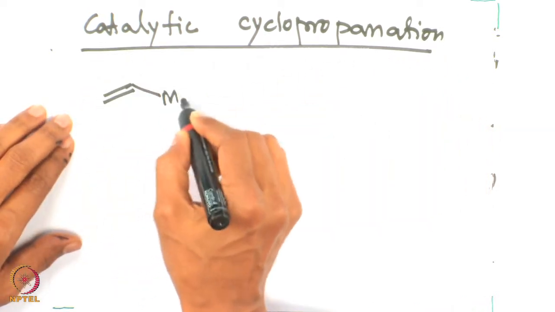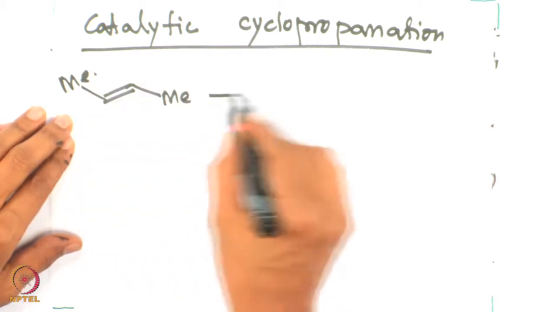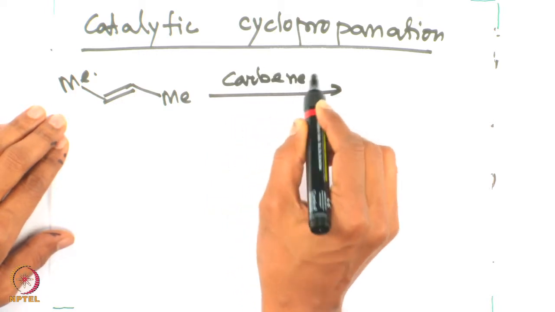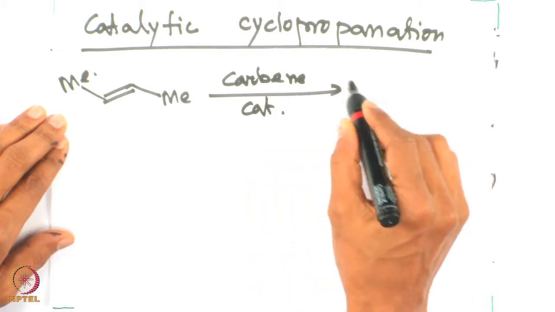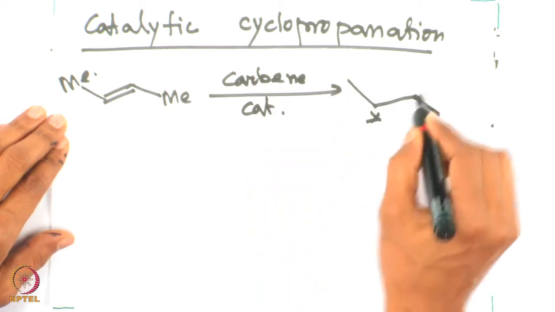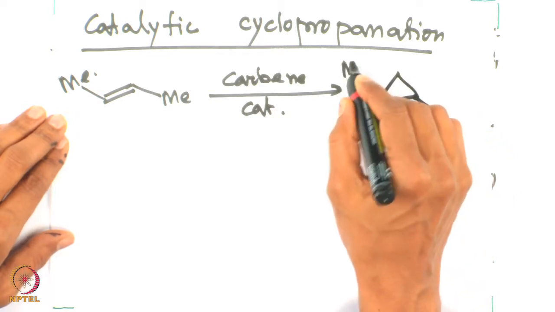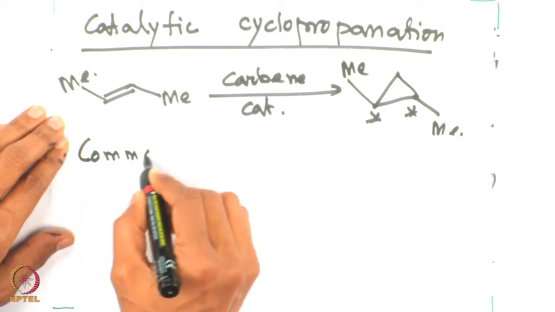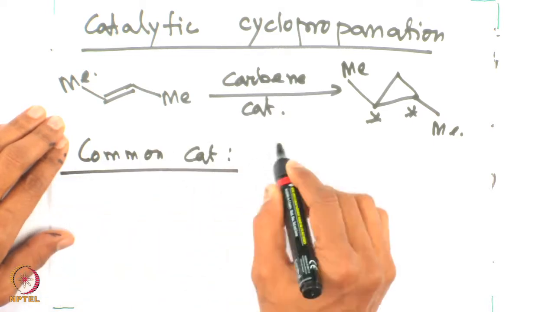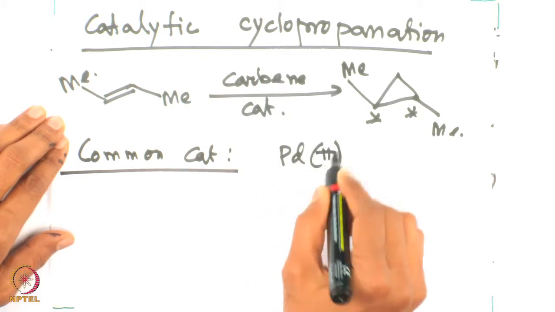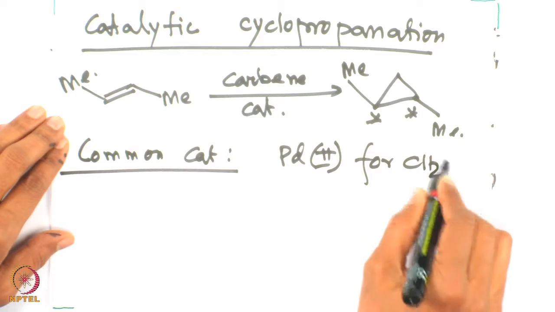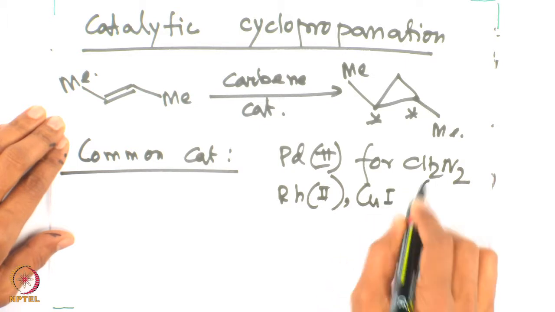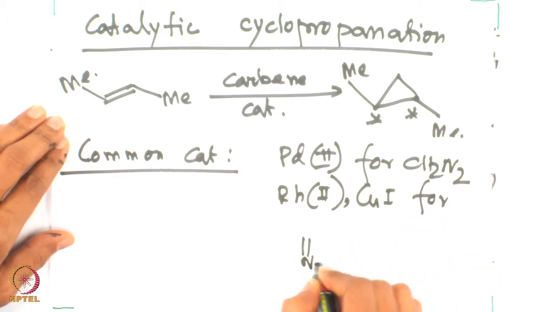So, we are interested in starting with an olefin. We want to react it with a carbene equivalent, carbene catalyst. Overall, what we would like to get is a stereocenter, of course. So, the common catalyst that we found for these cases is the palladium one, for diazomethane chemistry, rhodium 2 and copper iodide for ester, diazo-ester chemistry.